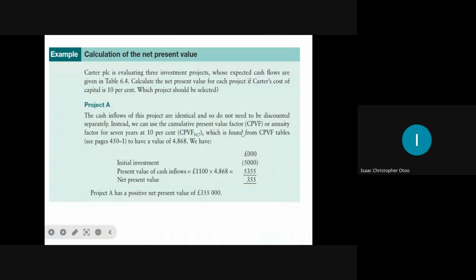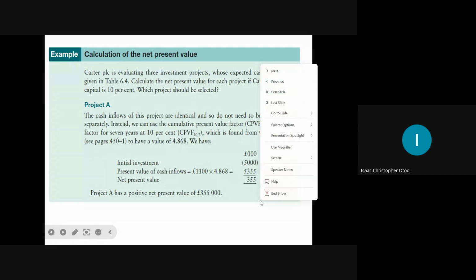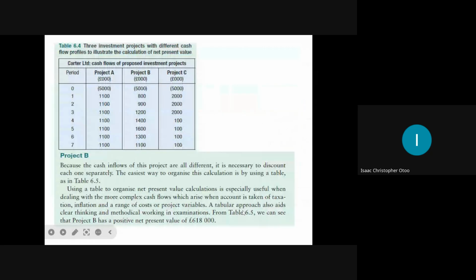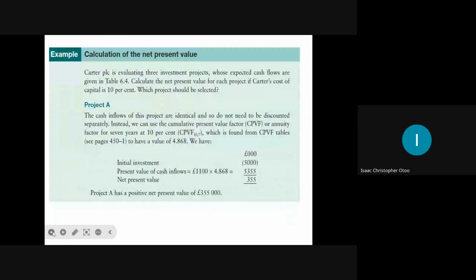So look at this question. Assume that we have an NPV of 355. The cost of capital was 10%. So if you have to make it negative, then you have to increase 10% too. So what rate would you have increased it to? 15%? 20%?